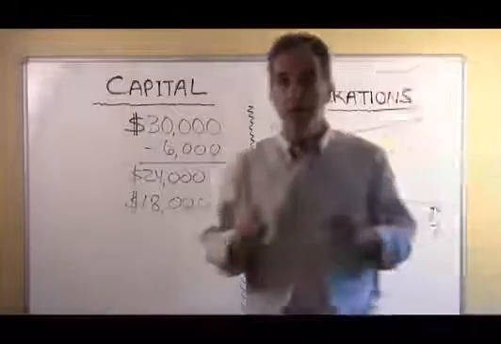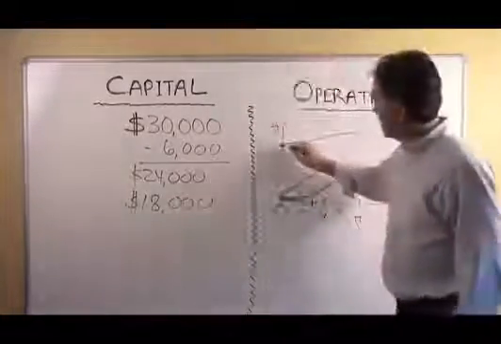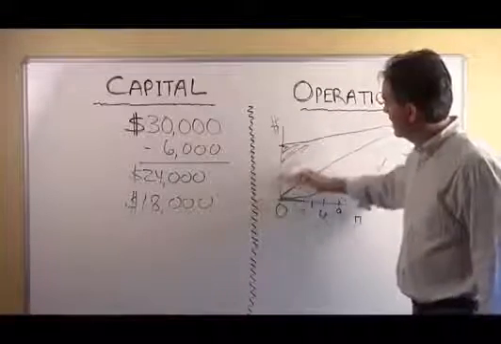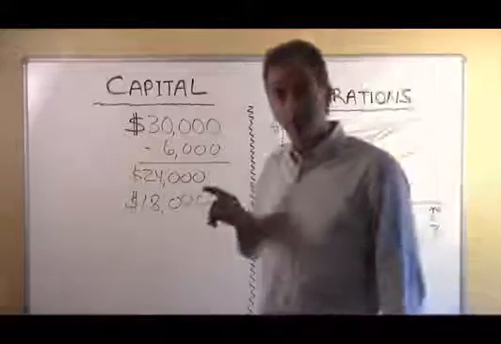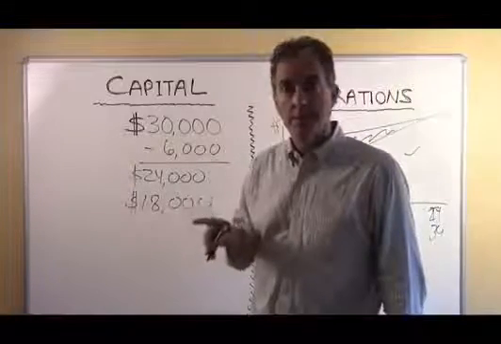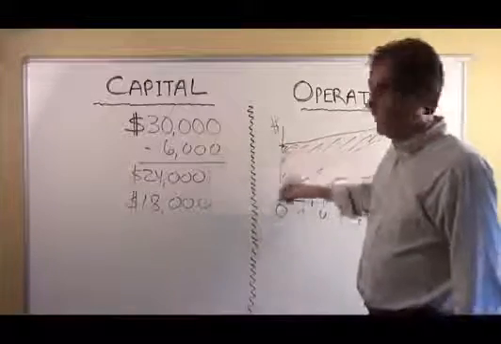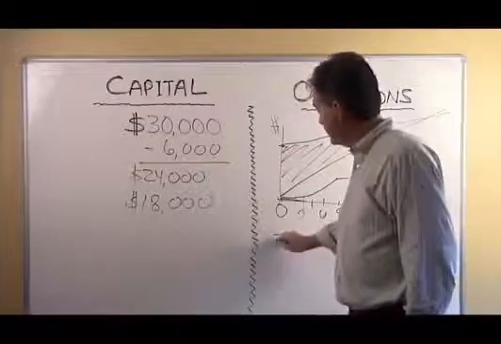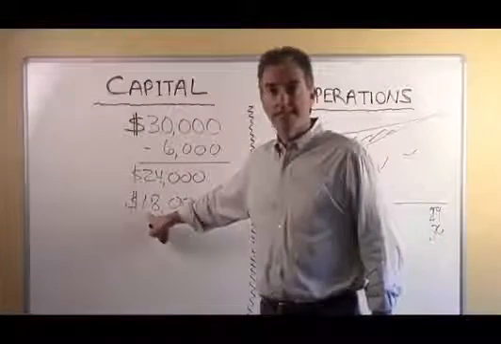Now, here's the part that new investors don't understand. You see this triangle right in here? Those are your carry costs. That's what we call your burn rate. Those are operational expenses that need to get added all up, divided by the number of units, 100 units, and then subtracted from this 18.